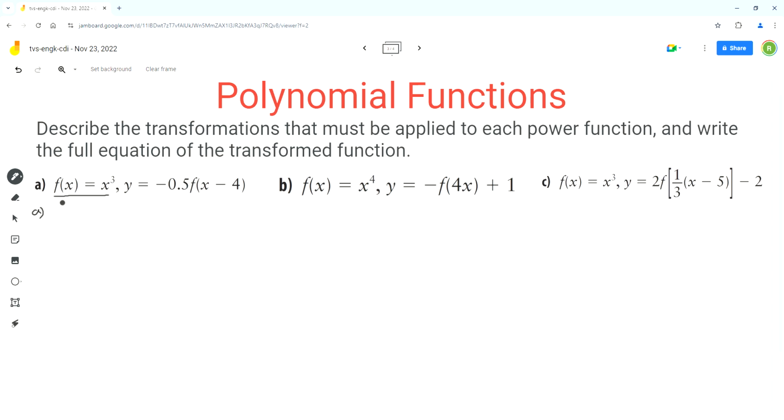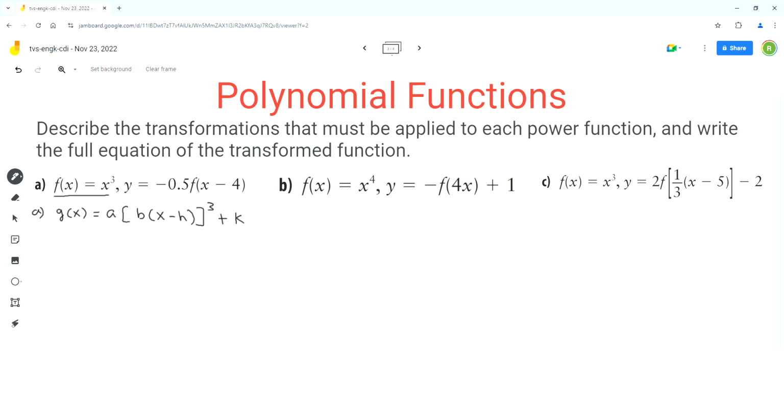Since the given function is a cubic power function, we should start by writing the general equation of a transformed cubic power function, and that is... Different teachers use different letters for a, b, h, and k, but the resulting transformations are the same.